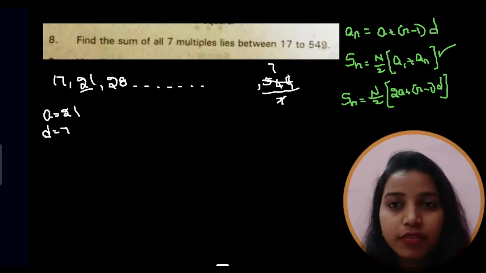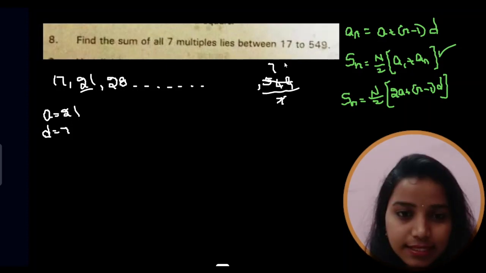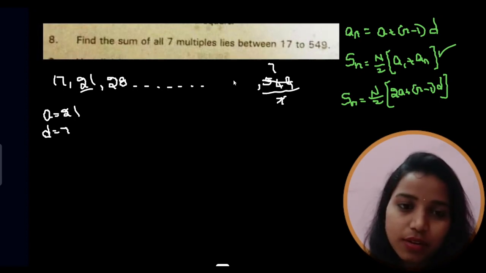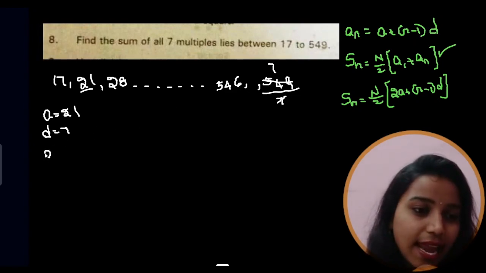So the near divisible number is 56, which is 3 more than this number. So the number is 546. So an is equal to 546.